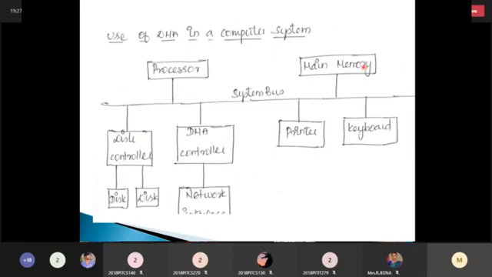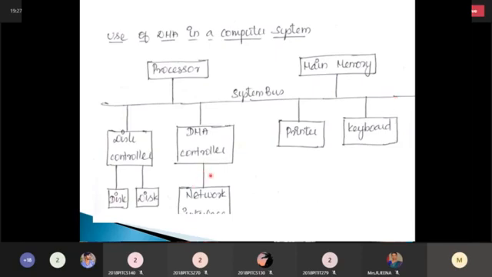Here the disk controller and DMA controller, with many disks connected to the disk controller, and again the network interface is connected to the DMA controller, and everything is connected to the system bus. And the printer and keyboard are connected to this system bus.